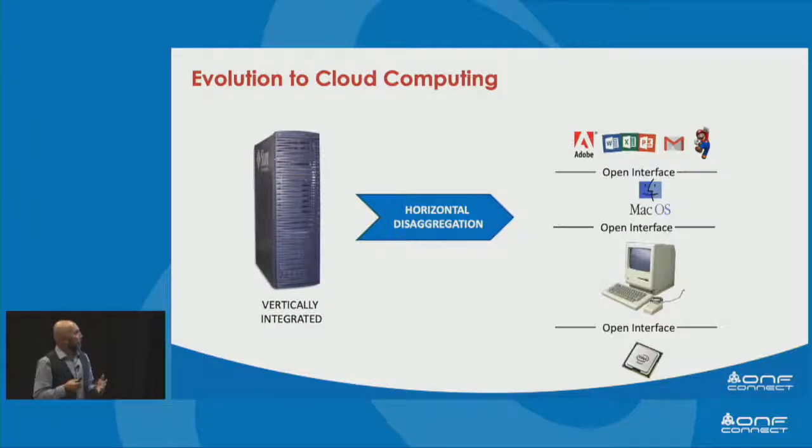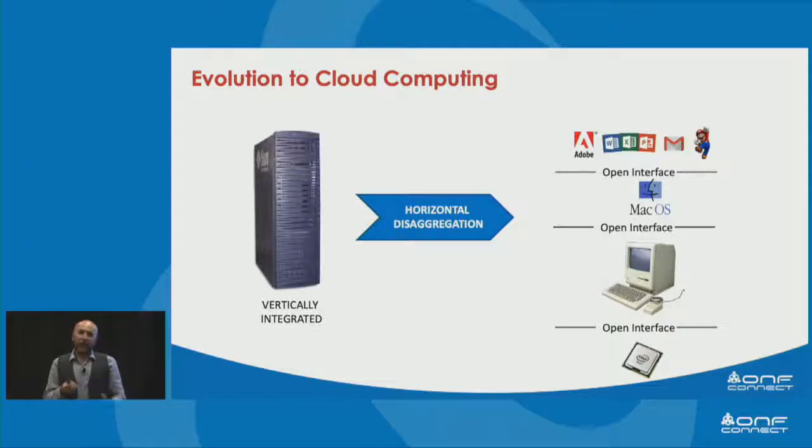But what happened then was we went through this revolution which I could define as horizontal disaggregation, where we started having commodity processors, and then operating systems and third-party applications.